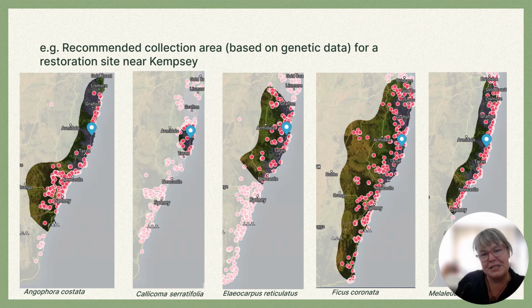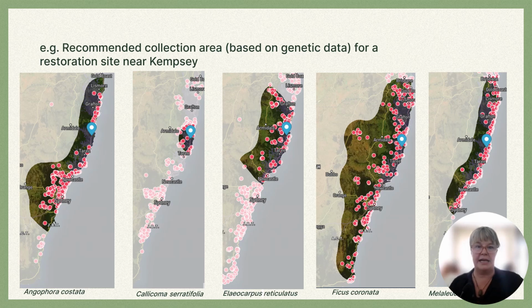So let's look at genetic collection areas downloaded from the Restore and Renew web tool for a hypothetical site near Kempsey. The scale is consistent. That's the east coast of New South Wales. So the genetic collection areas vary considerably. For example, for Angophora costata, you can safely source seed from the Queensland border south to Jervis Bay, whereas with Callicoma serratifolia, the genetic collection area is far smaller.